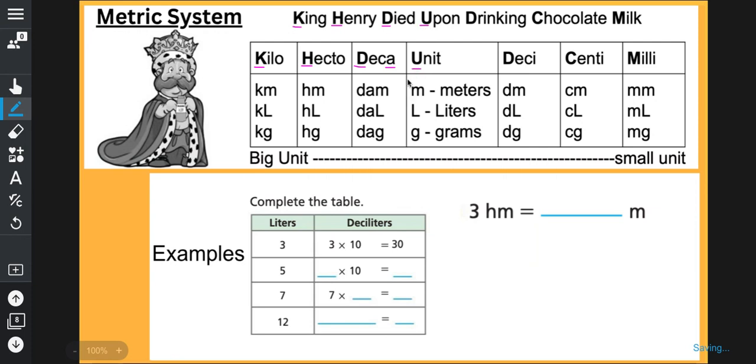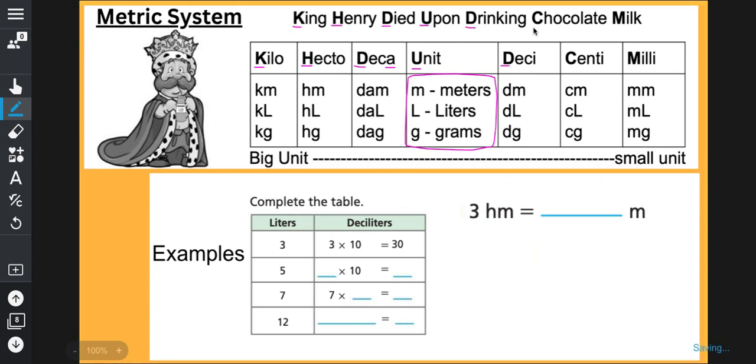We only have 3 units of measurement in the metric system. We have meters when we're measuring length, liters for liquid capacity, and grams for mass. Those are the only measurements you're going to use. Adding these prefixes changes if it's a large measurement or a small measurement.